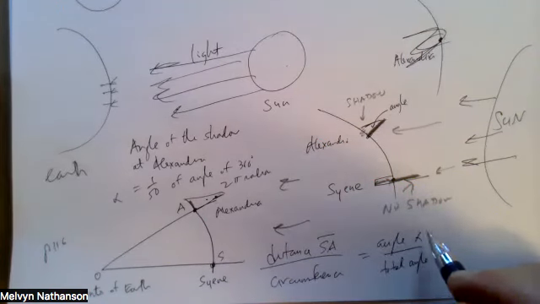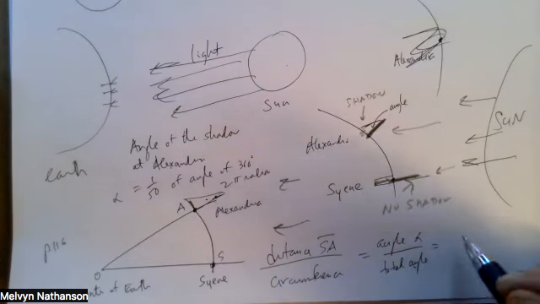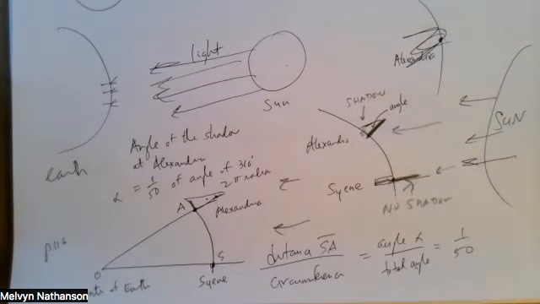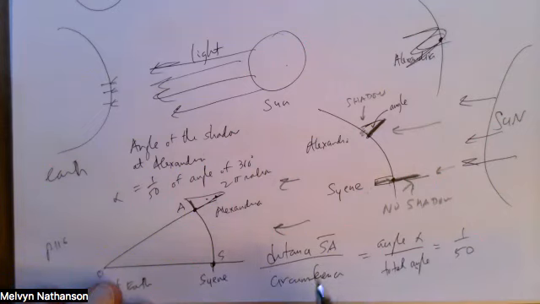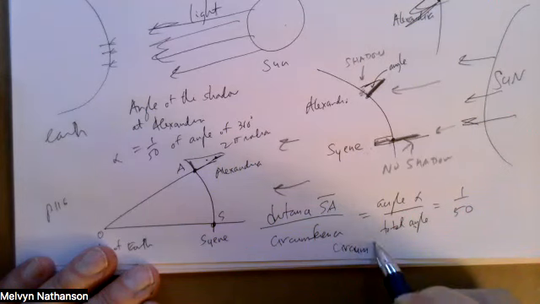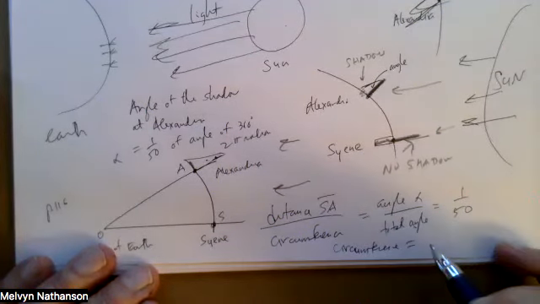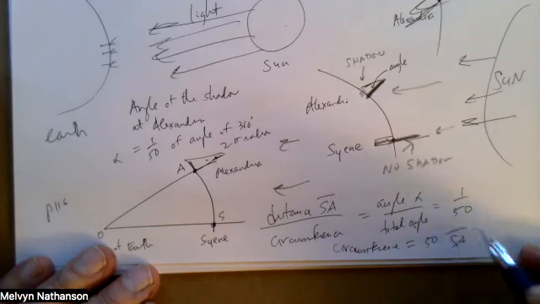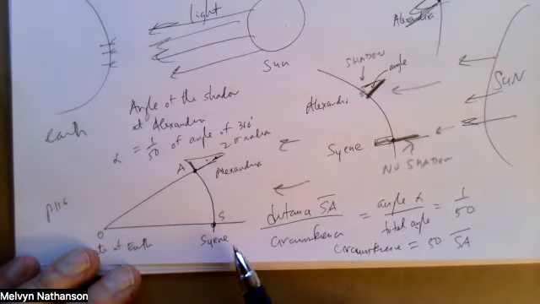Well, sorry. The angle is 1/50th of the total. So the circumference of the earth is equal to 50 times the distance between these two Egyptian cities, Syene and Alexandria.